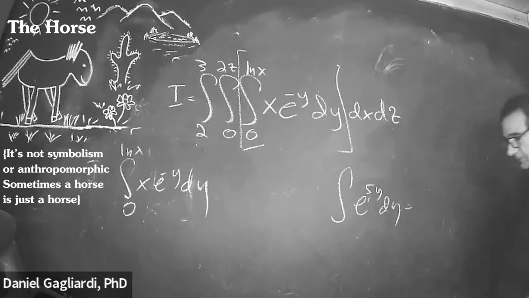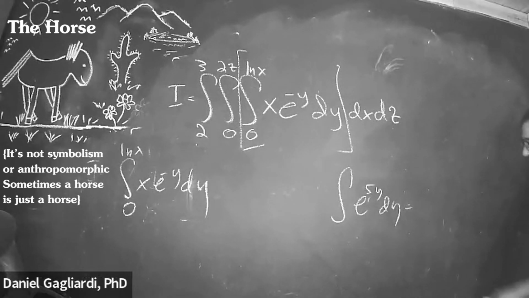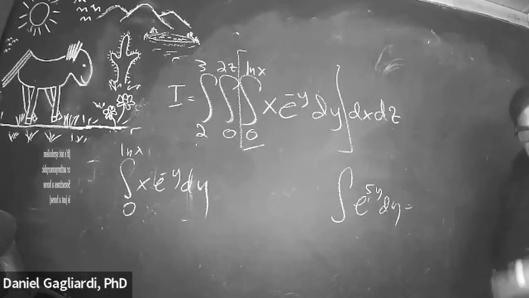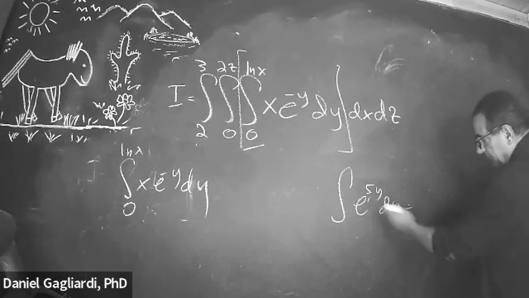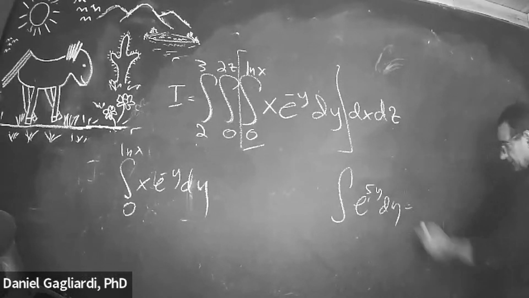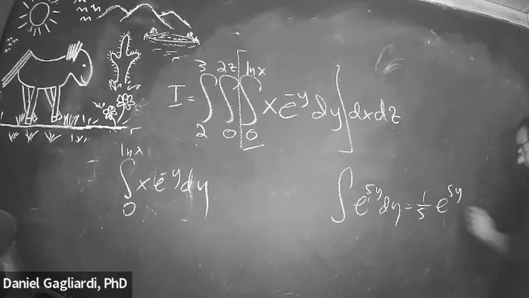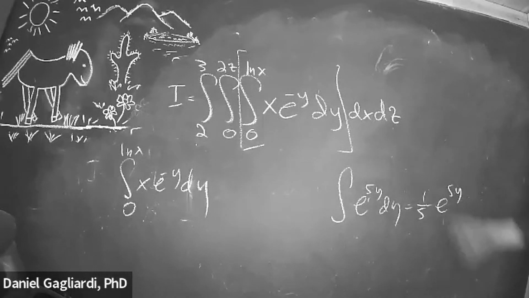So you'd end up with the integral of 1/5 e to the u. After doing that, you get e to the u, and the 1/5 remains. So without doing u substitution, you can just write this as 1/5 e to the 5y. Of course, we have limits on this integral, but if this was an indefinite integral, you'd put plus c.